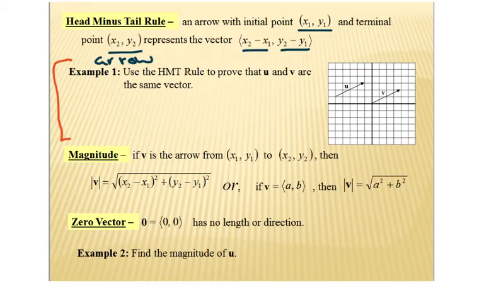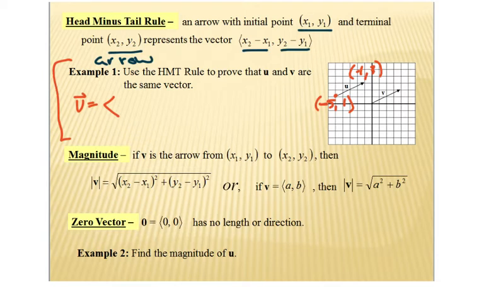So in order to do this, we need some coordinates. This one here is going to be negative 5, 1. And this one here is negative 1, 3. And so in order to get vector u, I'm going to need to take my x's and subtract them.